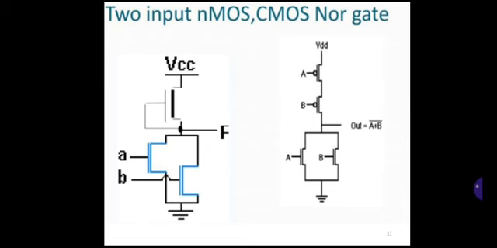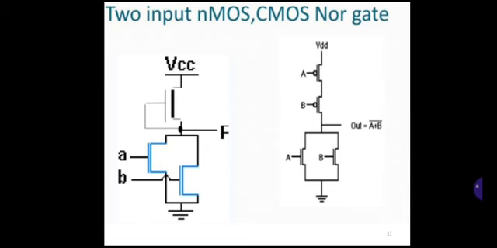There are two more circuits, for the NOR gate, that is the NMOS NOR gate and the CMOS NOR gate. So for NMOS, the logical expression is Y is equal to A plus B whole bar. For A plus B, the plus operation, that is the OR operation, the N transistors must be connected in parallel. So for NMOS logic, the lower transistors are N transistors connected in parallel to each other, A and B, and for the upper transistor there is no change, it is a pull-up transistor, implemented using a depletion mode transistor.